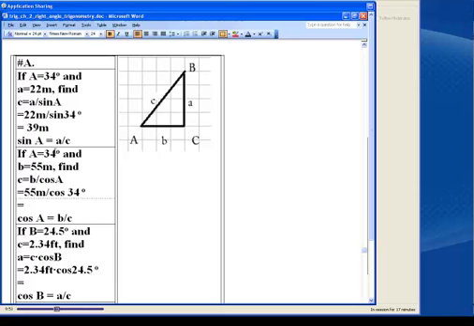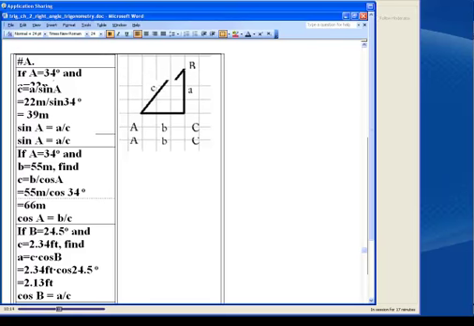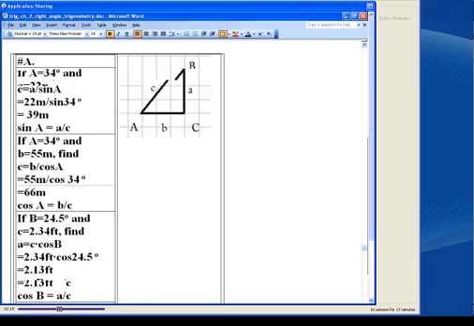The hypotenuse comes out to 66 meters. Again, it has to be larger than either one of the other legs. The next one is going to be 2.13 feet, and the fourth one is going to be, let's see what I come up with, 2.19 centimeters.